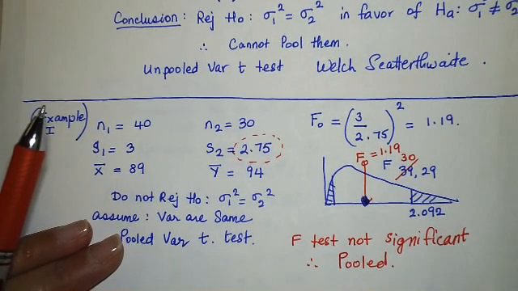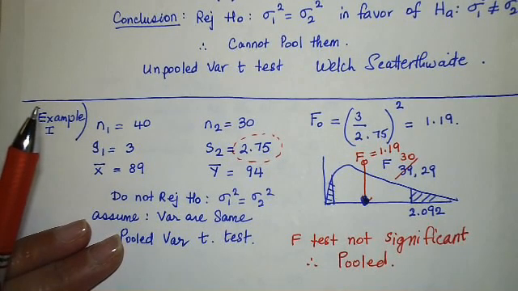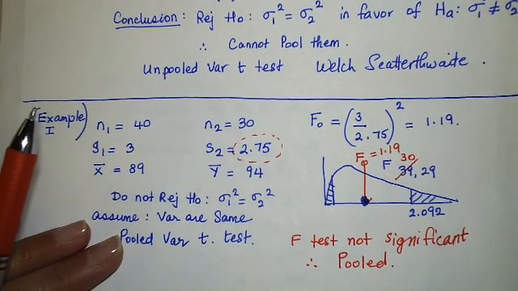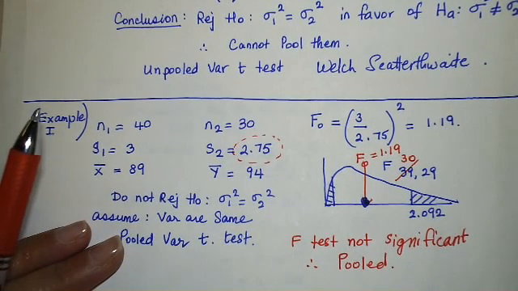And that's why I did pooled. It's when the F test statistic lands in the not shaded region. These are the shaded regions, but it didn't land in there. And that's why I did a pooled procedure.